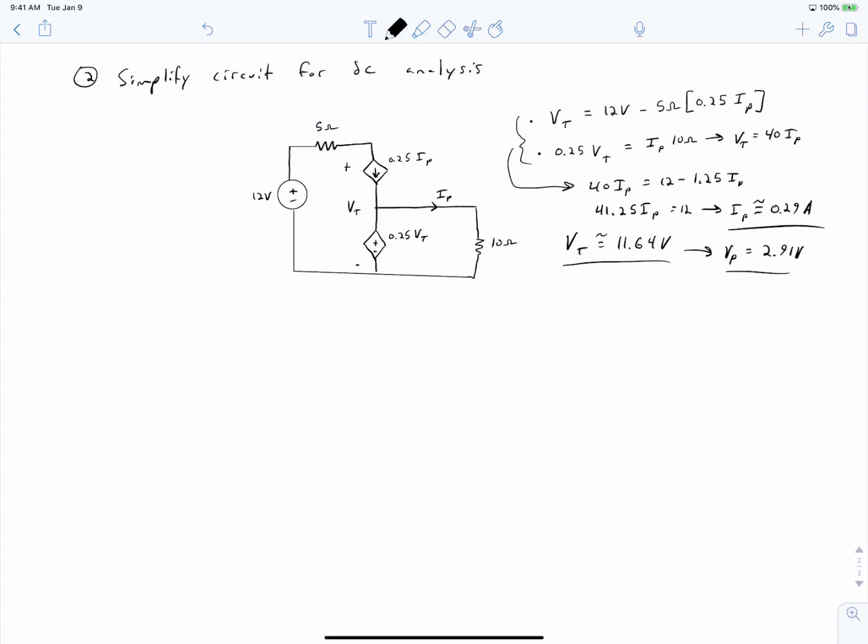So if we call this equation 1 and this equation 2, we combine equation 1 and equation 2 to get this expression, which we use to solve for IP. We then plug IP back into equation 1, and that gives us VT. We then plug that into equation 2, and that gives us our pole voltage.